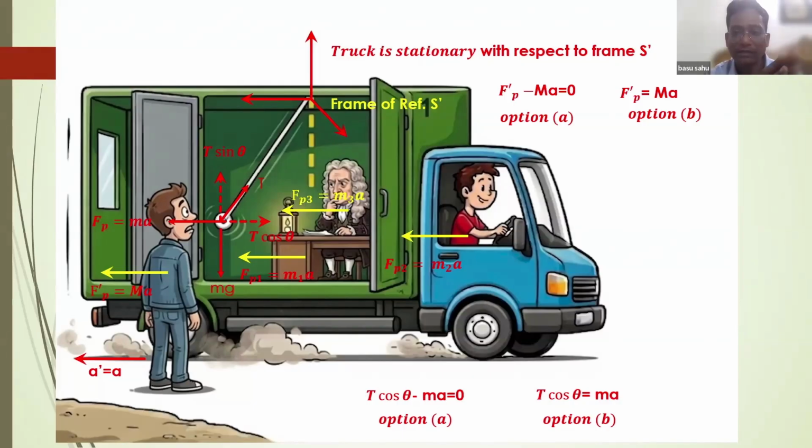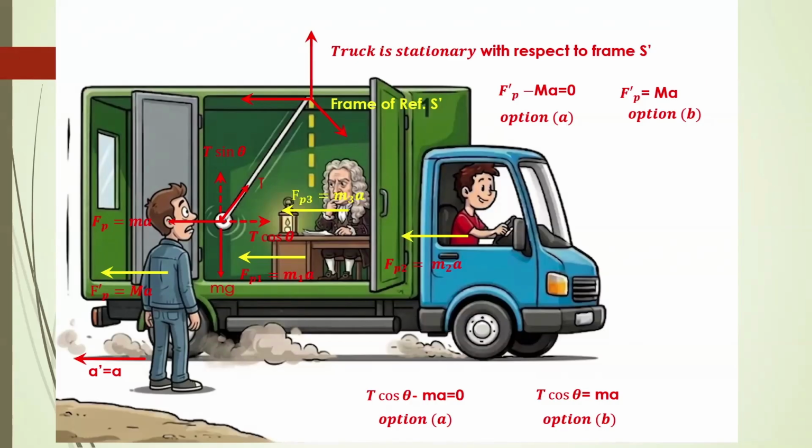Ma'am, I have again shown two options, option A and option B. Which option is correct with respect to the S dash frame? F dash P is basically the pseudo force acting on the man, and everything is written there.